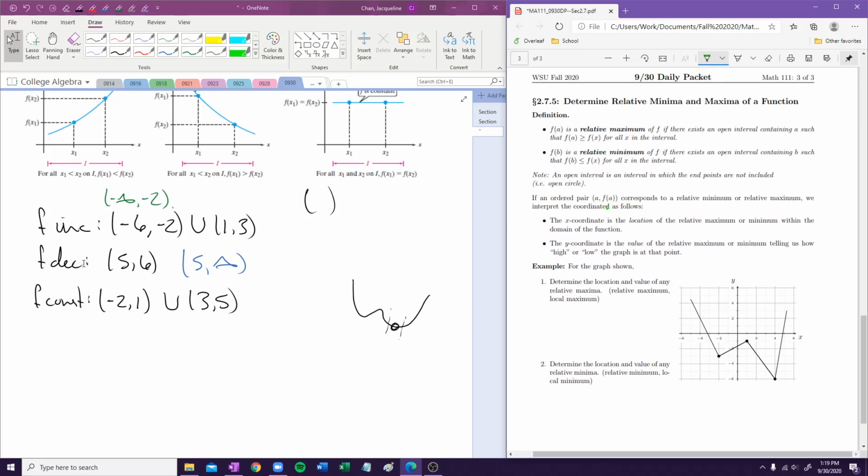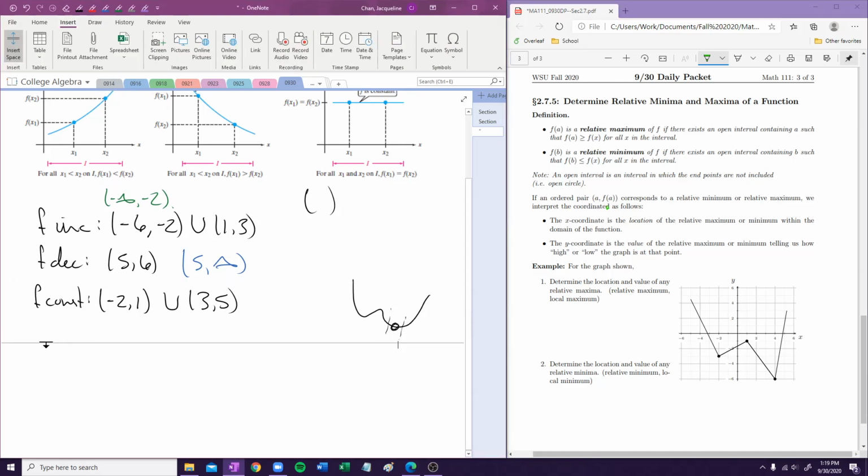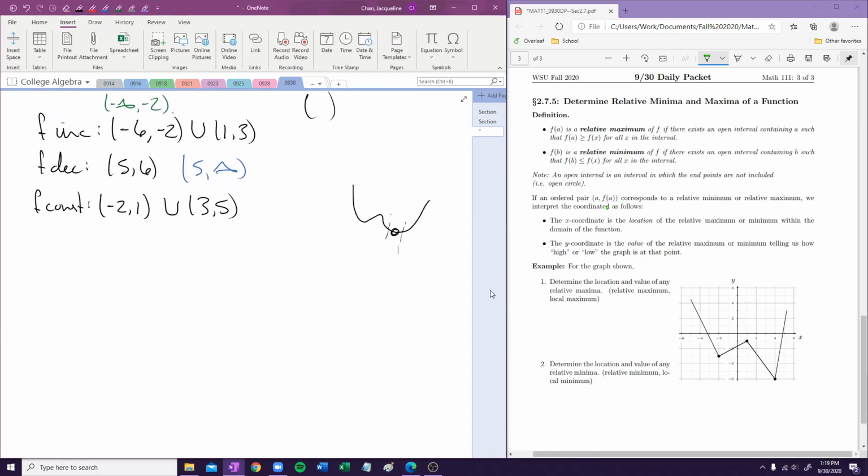All right, so let's just do an example. Okay, so for the graph shown below, determine the location and value of any relative maxima. Okay, that is part 1 of our example, and we're going to use the graph on the right.